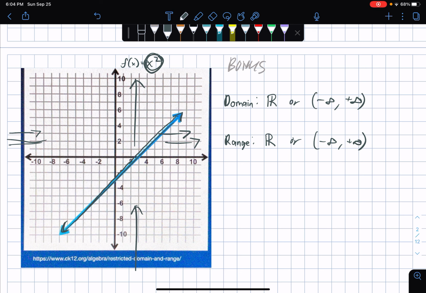So coming from the left, you know that this line will never end since it has an arrowhead on both sides. So negative infinity, positive infinity. When it comes to range, going from bottom to top, we know that it's also unending, negative infinity all the way to positive infinity.